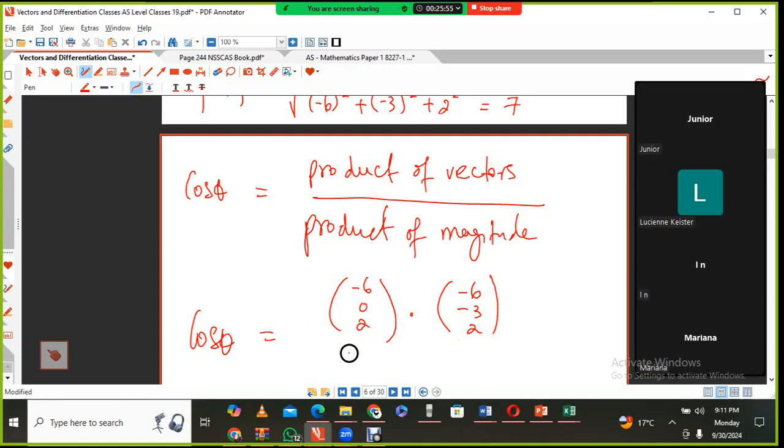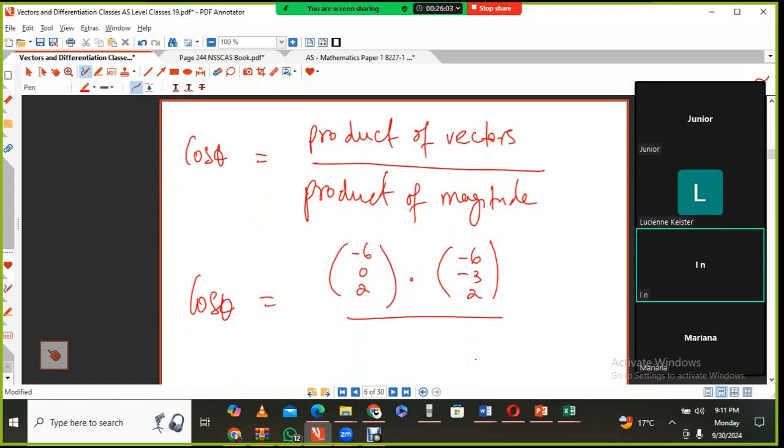And the product of the magnitudes, what we calculated, 2 root 10, times 7.